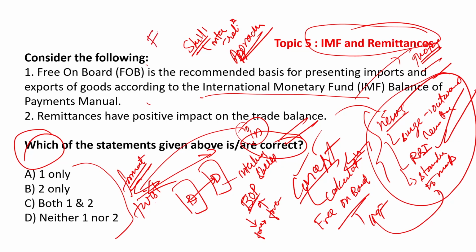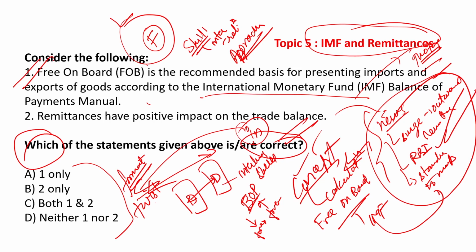So always remember the focus and the locus approach I often talk about. Let us look at the very first statement. Free on board is the recommended basis for presenting imports and exports of goods according to the IMF balance of payments manual.